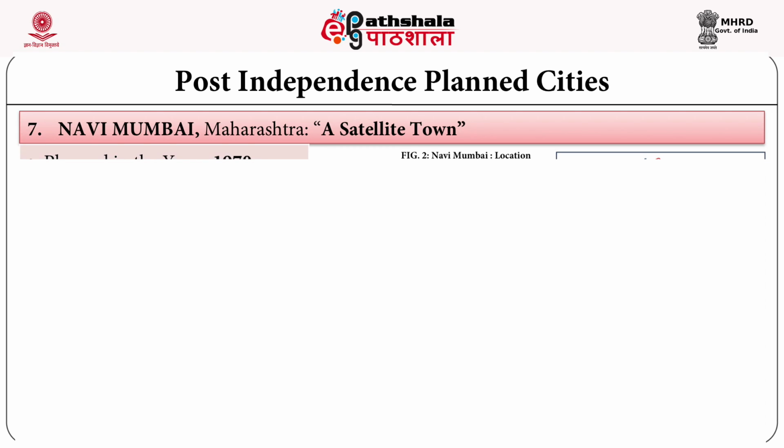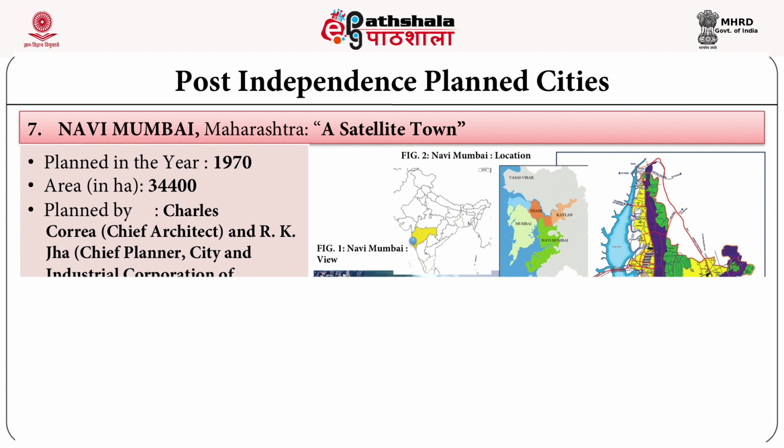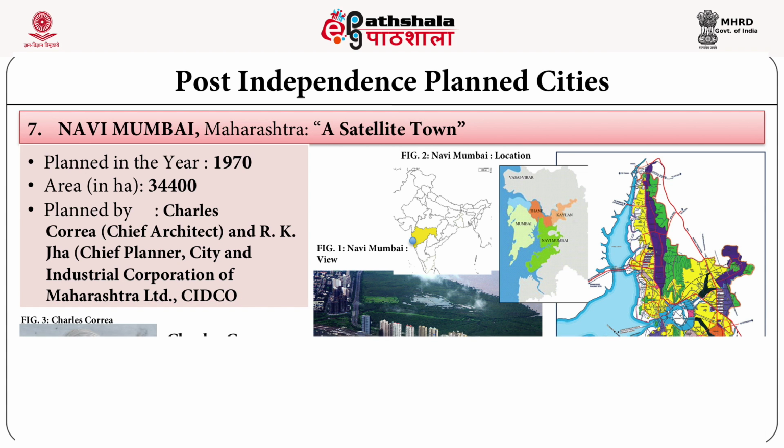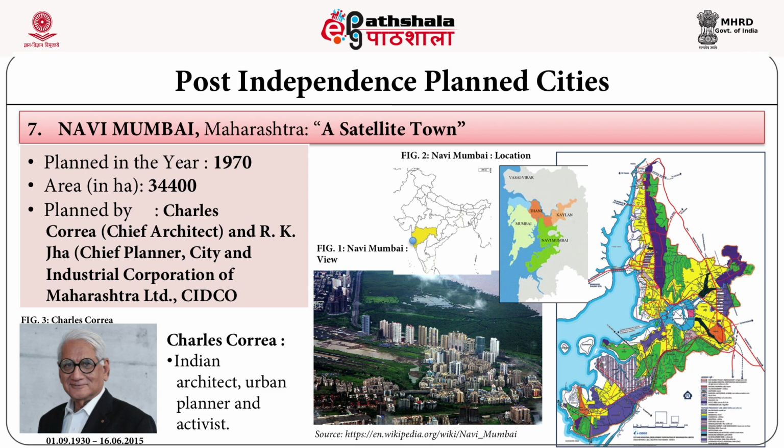Now, who planned or was responsible for developing Navi Mumbai? It was Charles Correa, the renowned architect and planner, who put forth this plan for development on the eastern side.